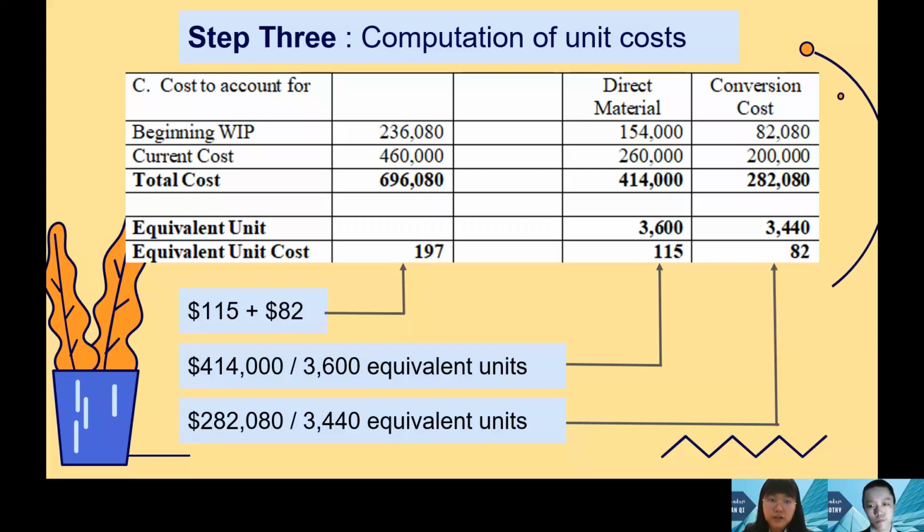For conversion cost, 282,080 divided by 3,440, we will get 82. After that, totaling up the equivalent unit cost for direct material and conversion cost, we will get a total of 197.